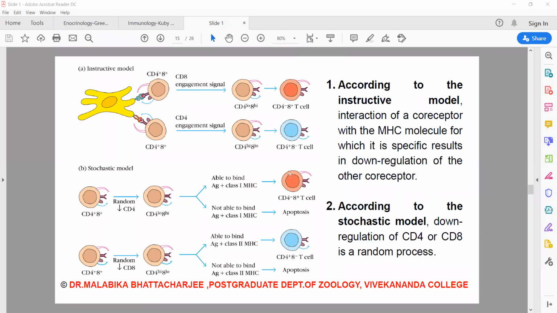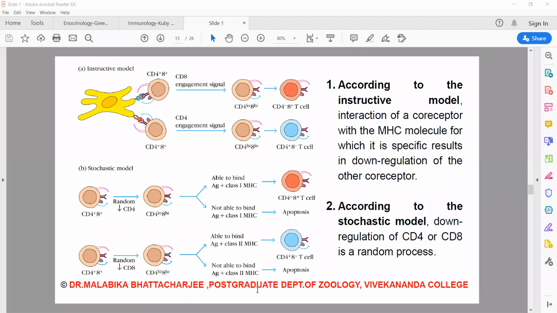CD8 high, it is able to bind to MHC class 1 receptor. CD8 expression is established. The cell is becoming a CD8 positive cell. If in this condition the cell is not able to bind to a class 1 molecule, or in the other condition, if the cell is unable to bind to a class 2 molecule, then automatically apoptosis ensues.